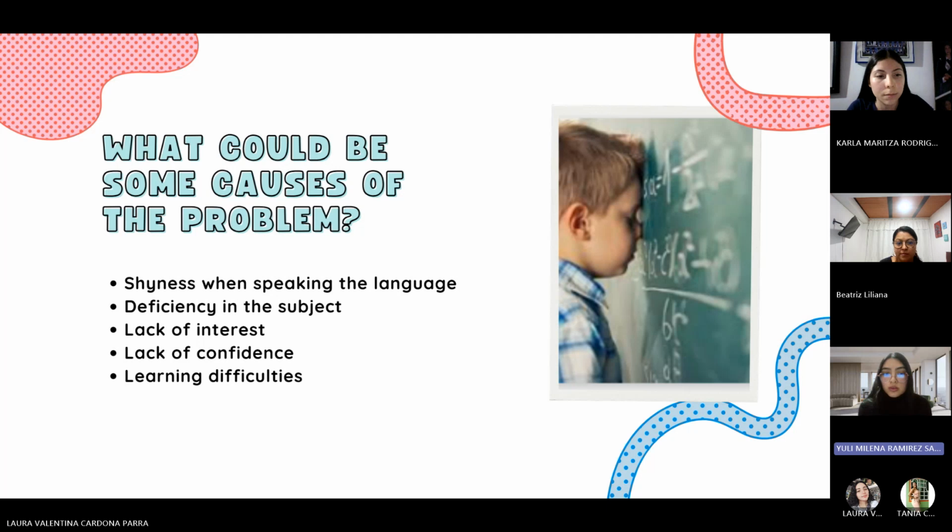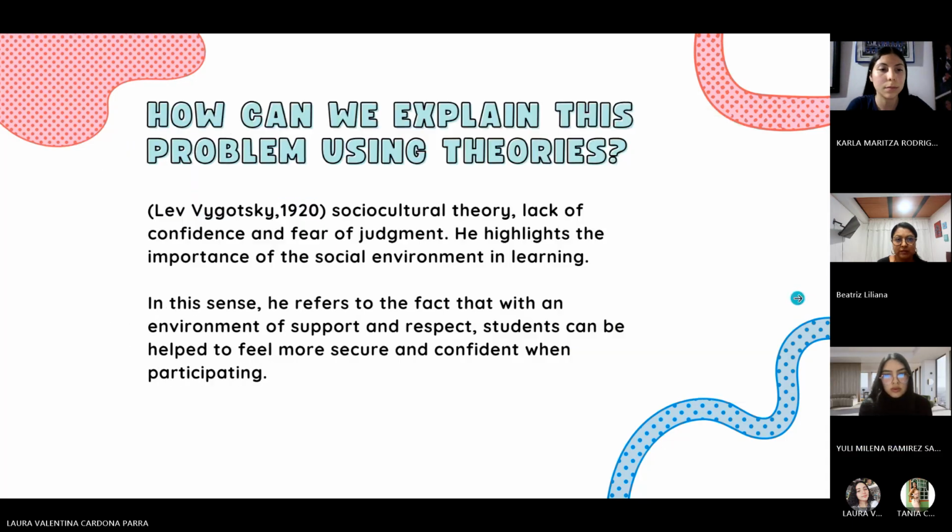All this in an improvement plan. What could be some causes of the problem? Some causes are shyness when speaking the language, deficiency in the subject, lack of interest, lack of confidence, and learning difficulties. How can we explain this problem using theories?